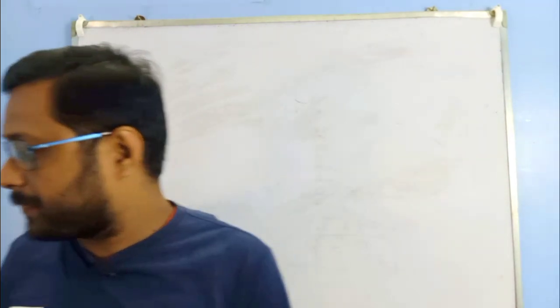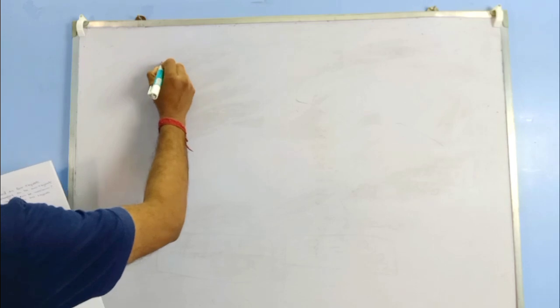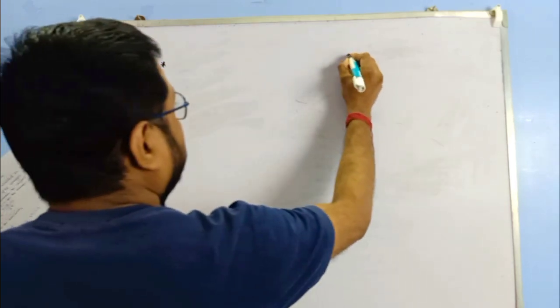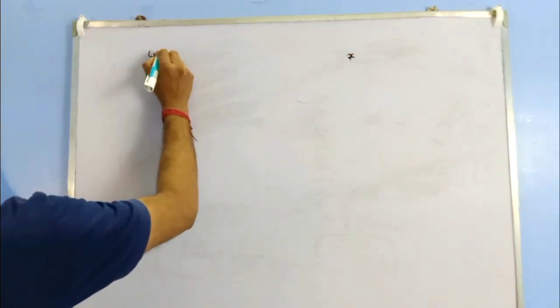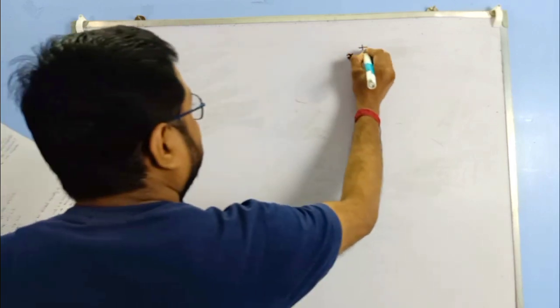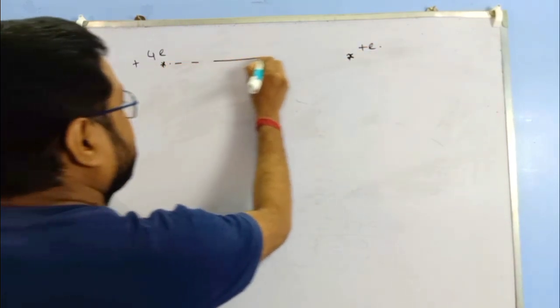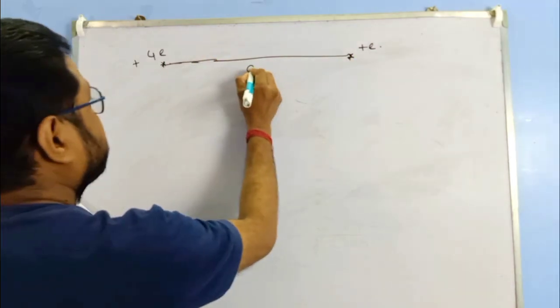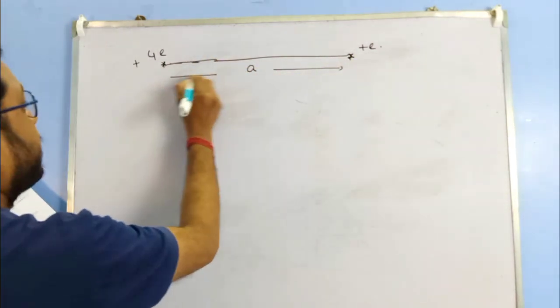Now, two point charges 4e and e are fixed at a distance a. The total distance is a.